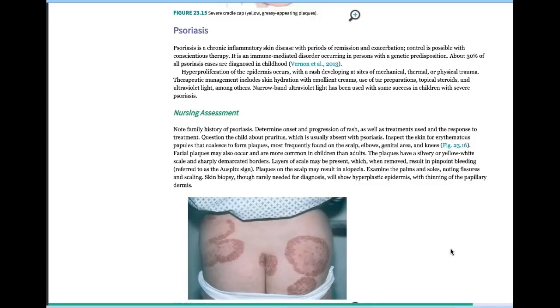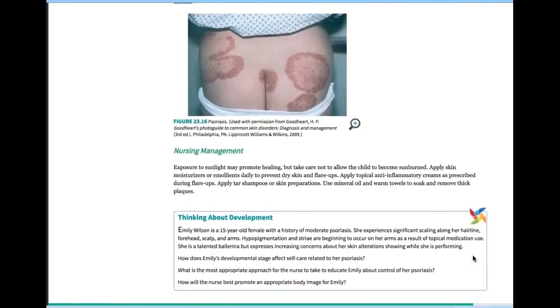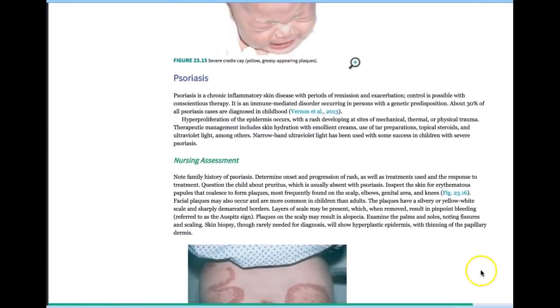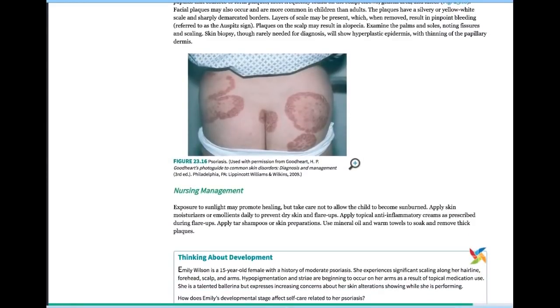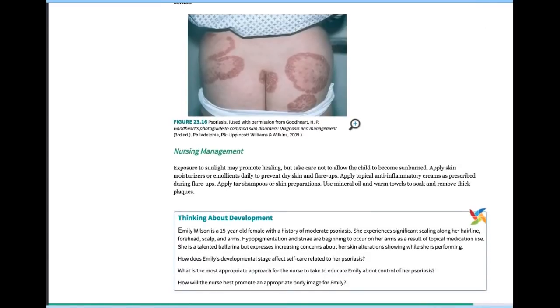It can look really impressive, really kind of scary, especially with kids. It can be managed. You can get it into remission, but it's a disease where you really have to concentrate and be very compliant with your treatment.